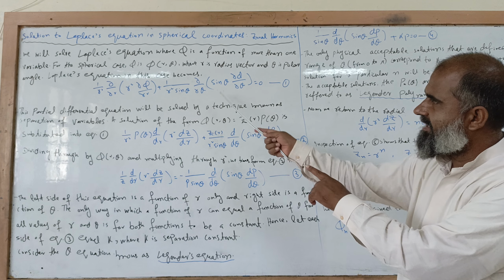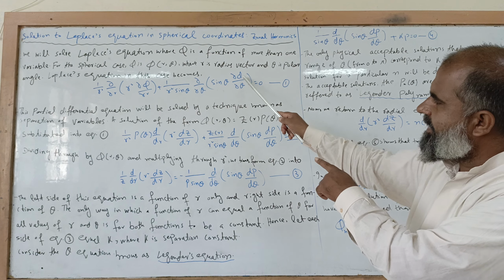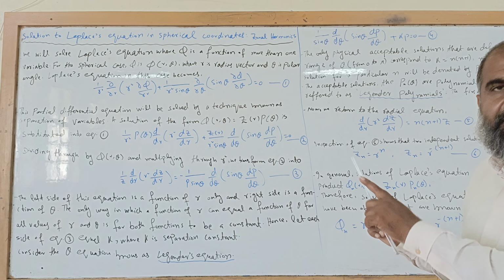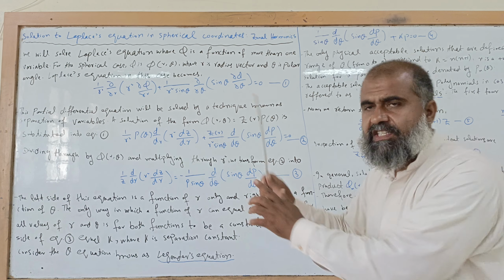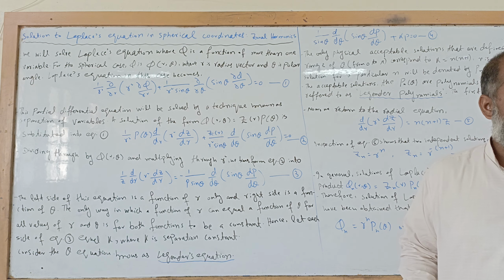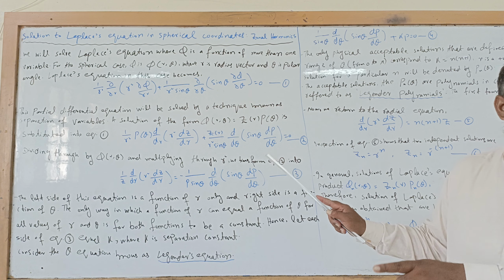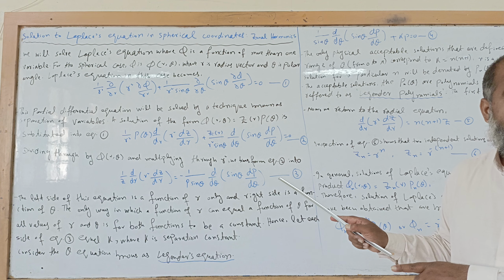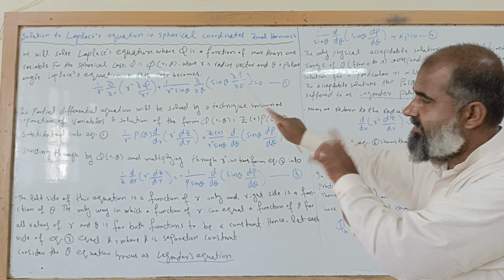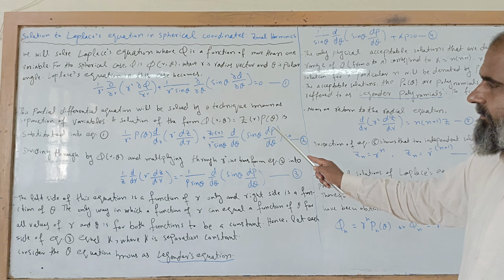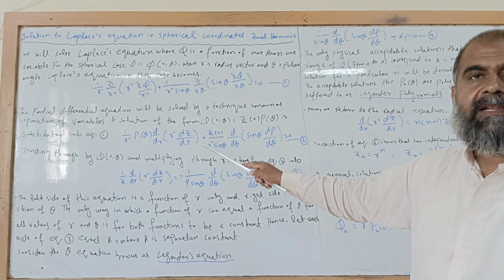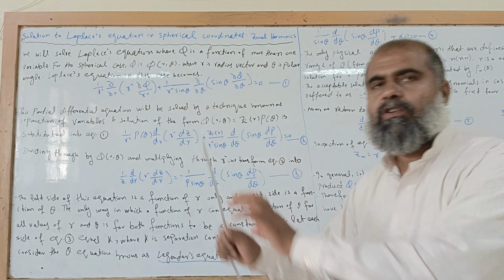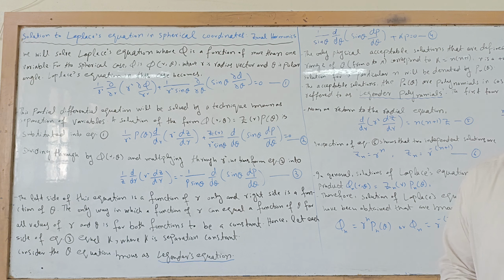Similarly, in the second term, you took Z outside this derivative because the derivative is with respect to polar angle theta, and r is constant for this term. Therefore, Z of r will be treated as a constant in this term, and you have taken it out of the derivative.